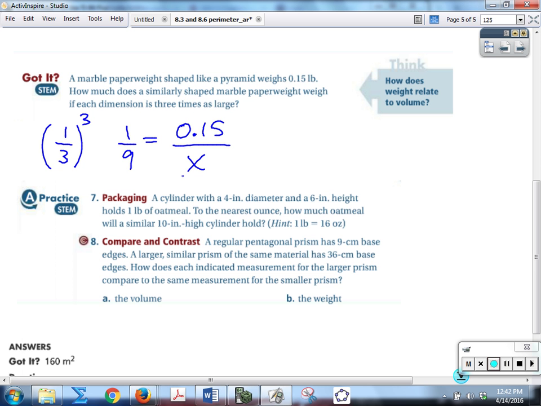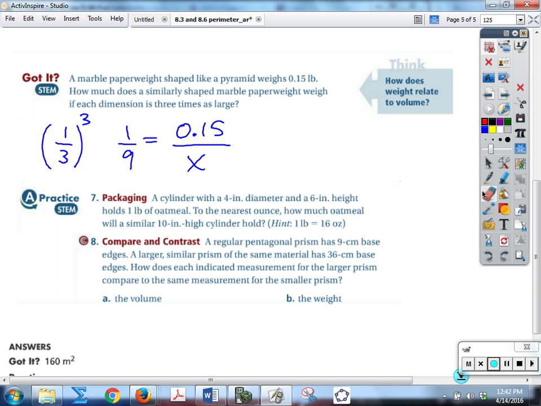Let's just look at this one and see if it's area or volume. You have a cylinder, diameter 4, height 6, it holds 1 pound of oat milk. To the nearest ounce, how much does it weigh if it's similar in height, but it's 10 inches high? So what's the scale factor on this one? This one's 10 inches high, this one's 6 inches high.